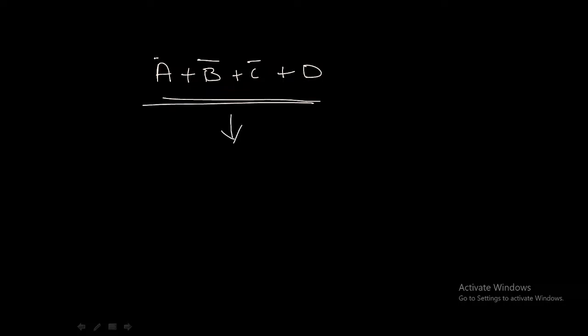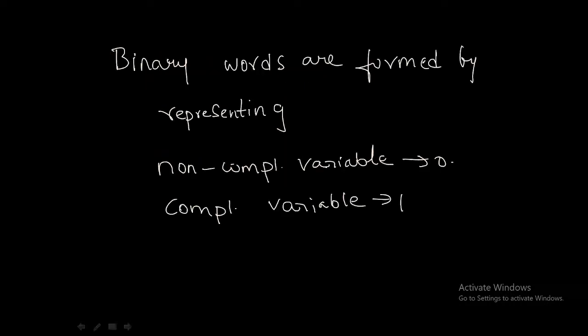For example, if we have a max term, let's say A plus B bar plus C bar plus D, then the binary equivalent for this max term is: 0 is represented by a non-complemented variable and 1 is represented by a complemented variable. So A is 0, B bar is 1, C bar is 1 and D is 0. That is what I have written here.